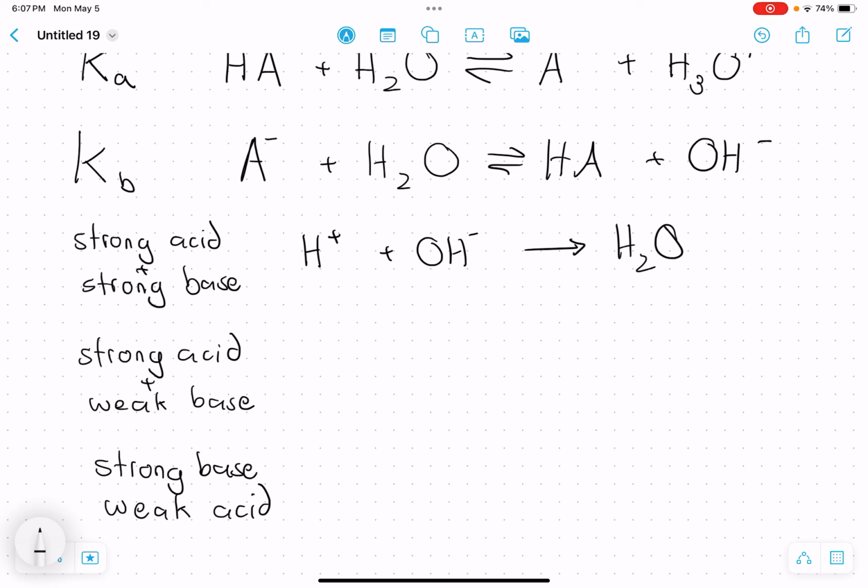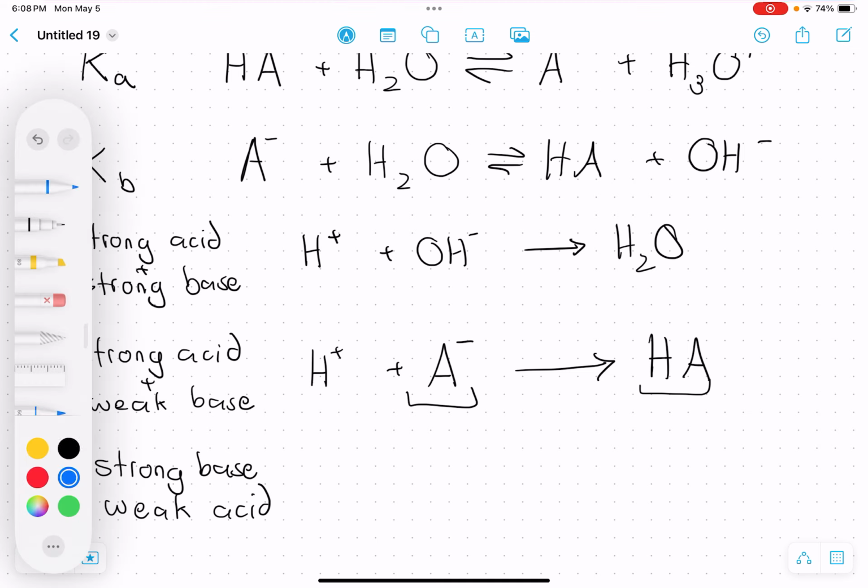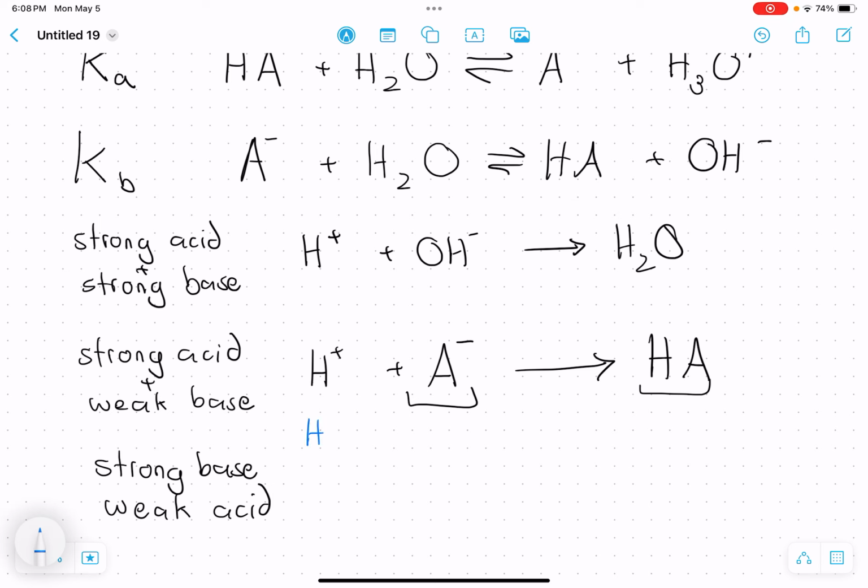This would be your consumption step reaction. So strong acid, I'm just going to write it as H plus. Weak base, I'm going to write that as A minus. And what they turn into is the weak acid, basically, the conjugate acid. So a real example of this would be like if I had HCl and CN minus.